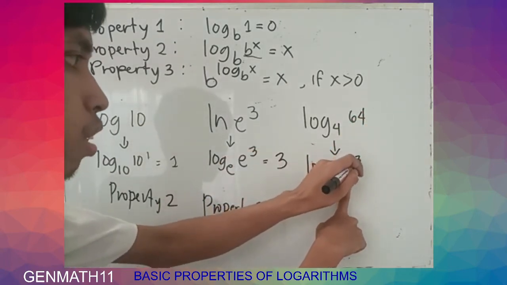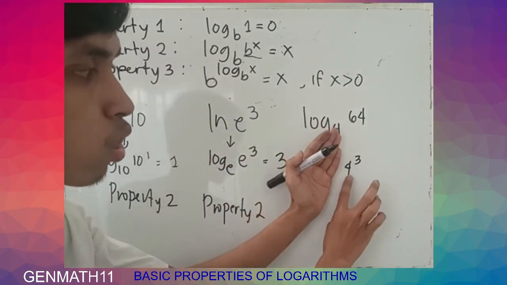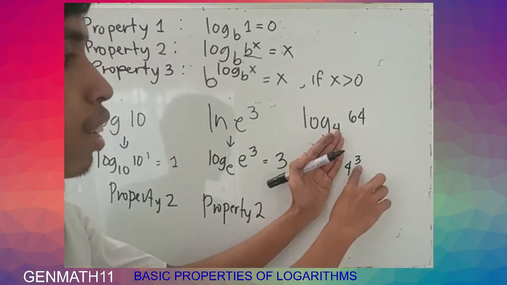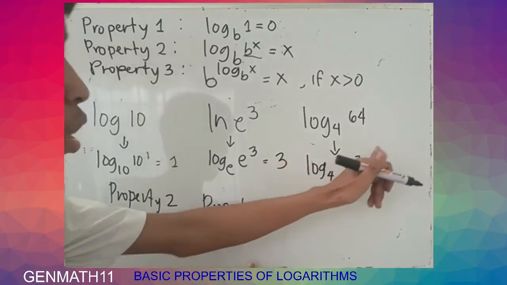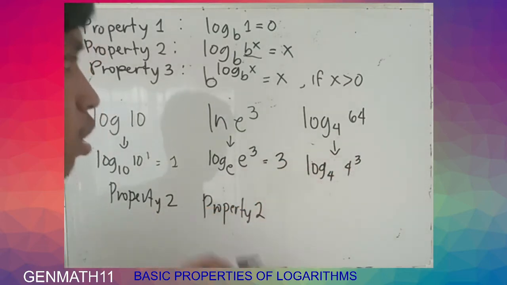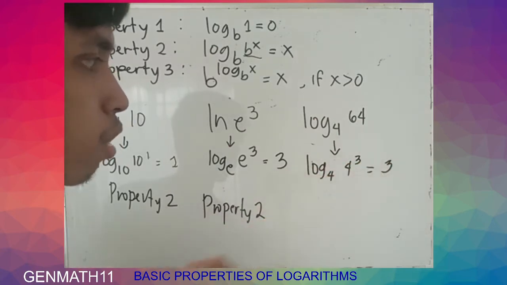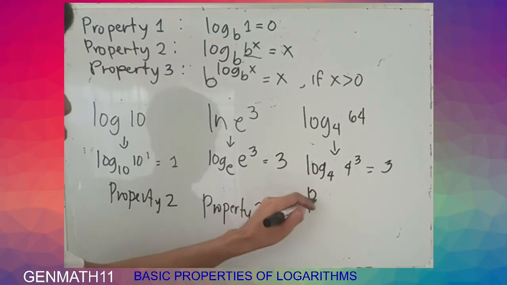Di ba 3? Kapag pinag-uusapan si exponential, pag itinanggal natin to, exponential to, di ba? Anong exponent niya? 3. 4 times 4, 16 times 4, 64. So log 4 cube to the base of 4 is equals to 3.